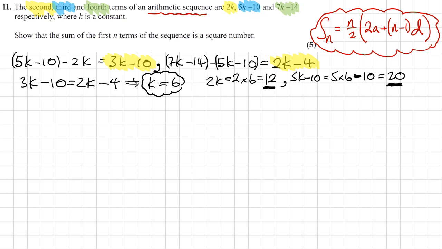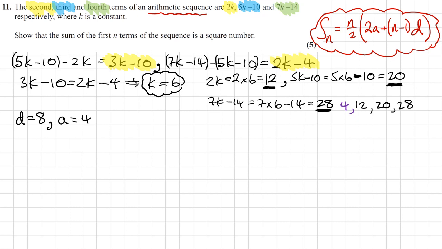The third term is going to be 7k minus 14. So that's 7 times 6 minus 14, which is 28. Right, so I have the first term 12, second term 20, third term 28. Right, I can see from this that the common difference is 8. It goes up in 8s. I can also see, since it goes up in 8, that the first term must be 4. So a is 4.